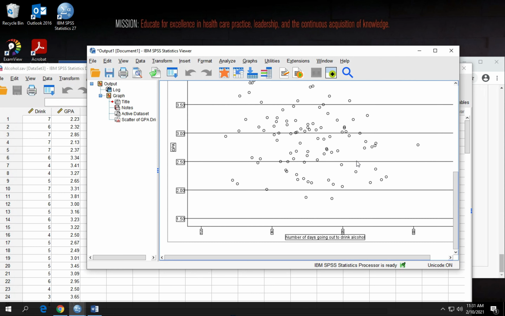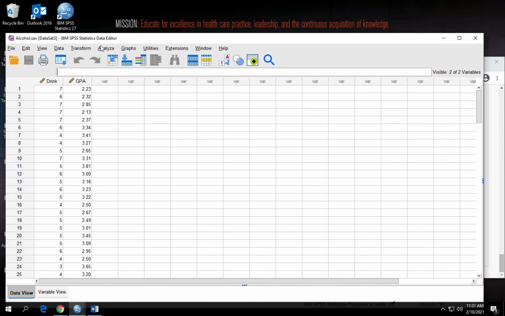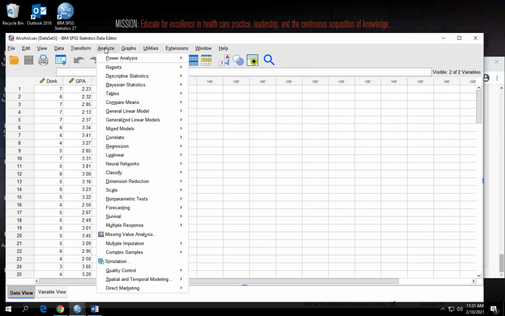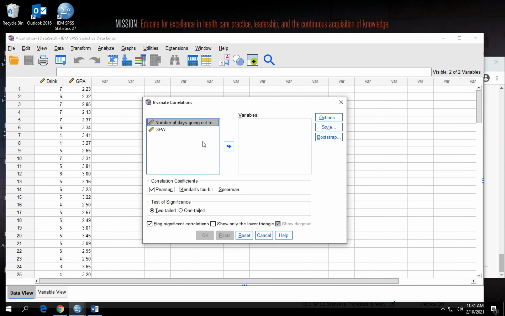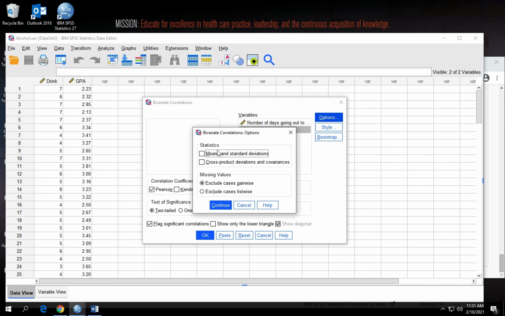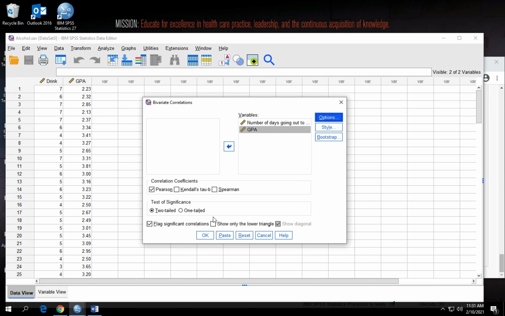So what we're going to do next is our correlation, to see if we have a relationship here. If we go back into Analyze, then Correlate, and Bivariate, we put our variables in here. If you want to see the mean and standard deviations, you can, but I'm just going to hit Continue.